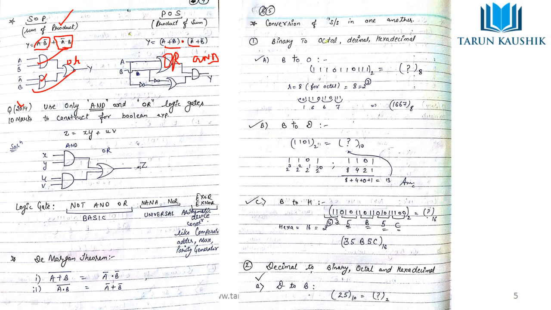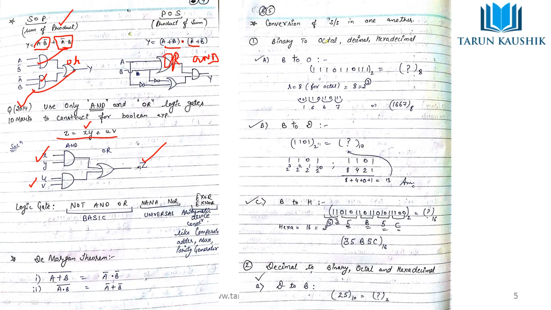In 2014 a question was asked: use only AND and OR gates or logic gates to construct a given Boolean expression. The Boolean expression was given, so we will be using two AND gates over here to generate these terms, and after getting the outputs, just put an OR gate ahead for getting the output Z. So this is the simple question asked in the 2014 mains.